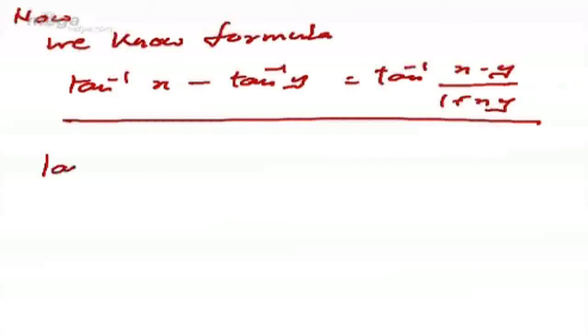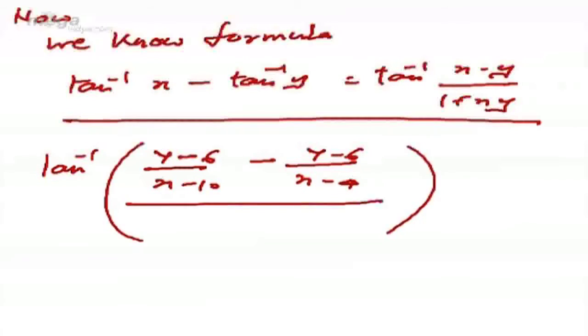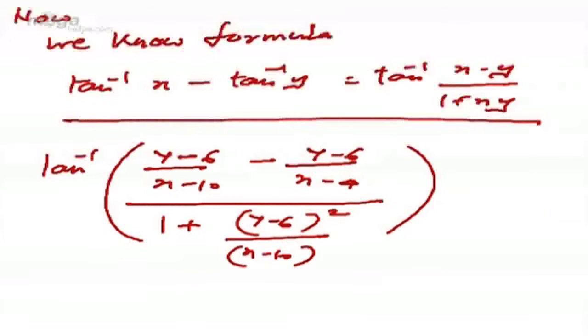So it will become tan inverse of [(y minus 6) upon (x minus 10) minus (y minus 6) upon (x minus 4)] divided by [1 plus (y minus 6) square upon (x minus 10) into (x minus 4)]. This will be equal to pi by 4.